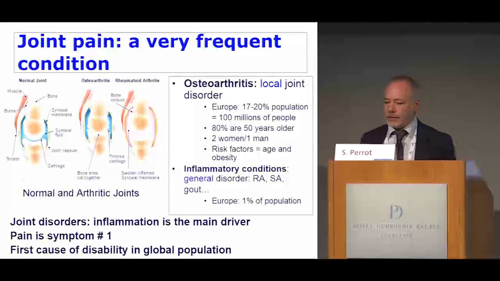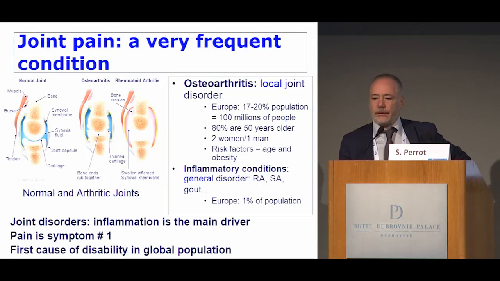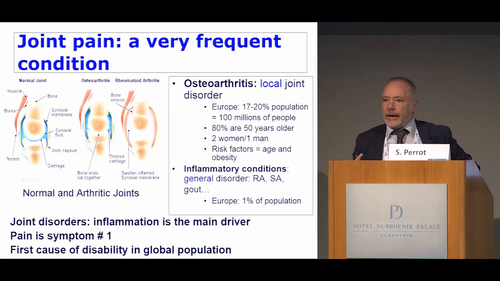And as mentioned, pain in the joint is a very frequent condition with two main conditions. The most frequent is osteoarthritis, that in Europe may represent 20% of the population.